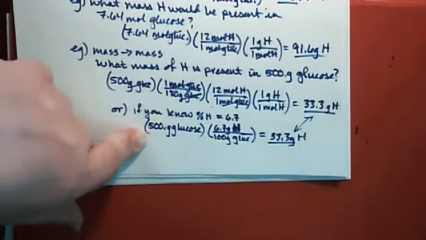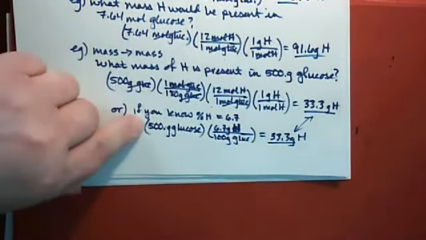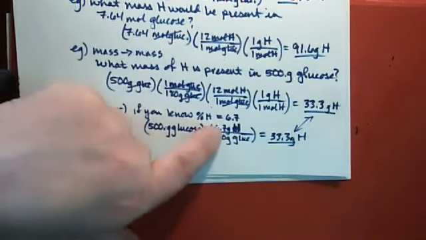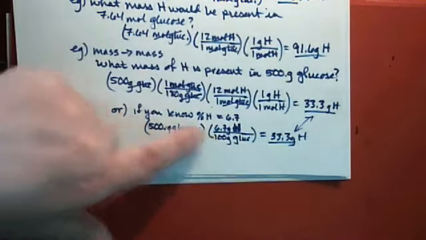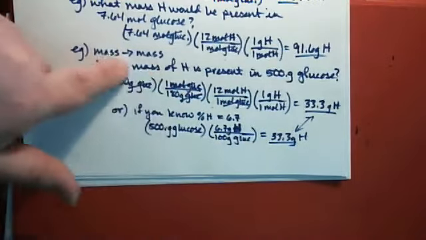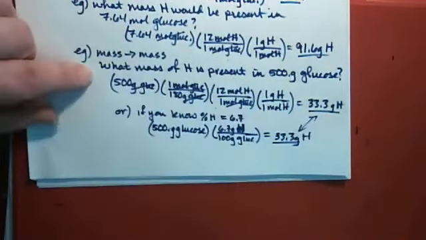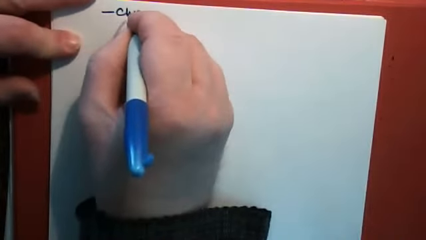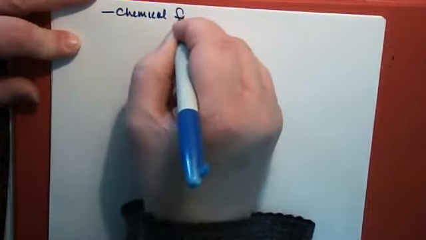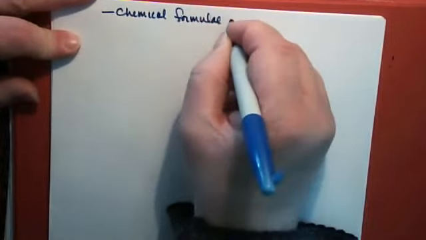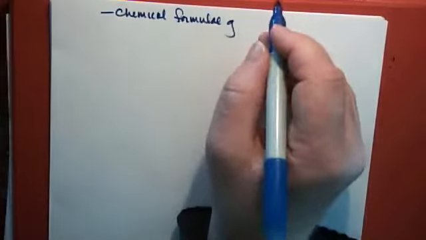And in fact, it might even be easier if you have the formula for the compound to just go ahead and find the percentage of hydrogen in glucose and then do the question this way, as opposed to doing it that way. But either way will work. So it's important to remember, though, what the chemical formula tells you and what it doesn't.